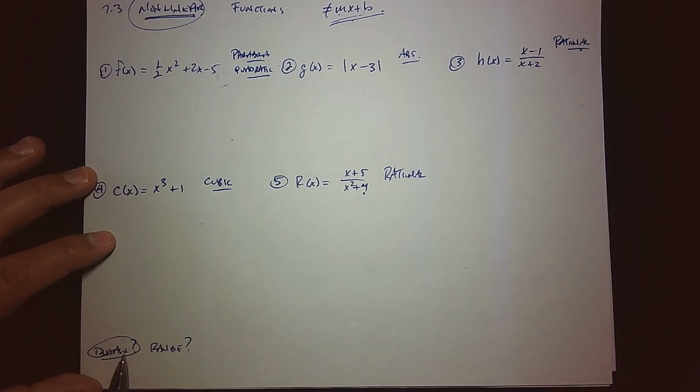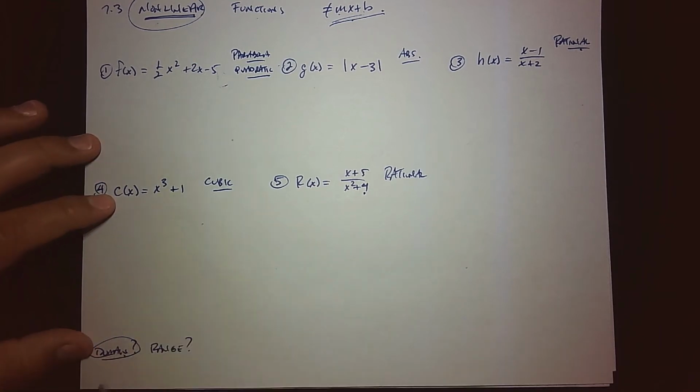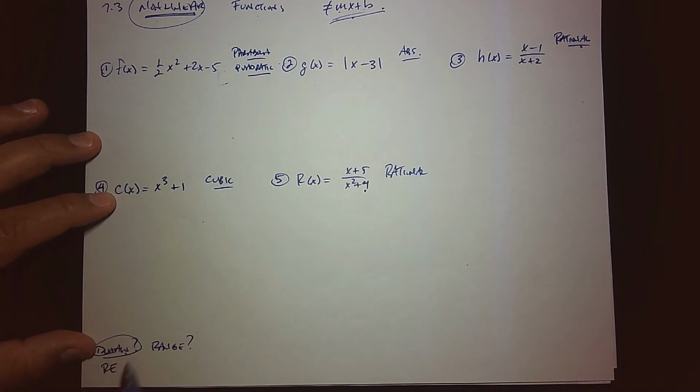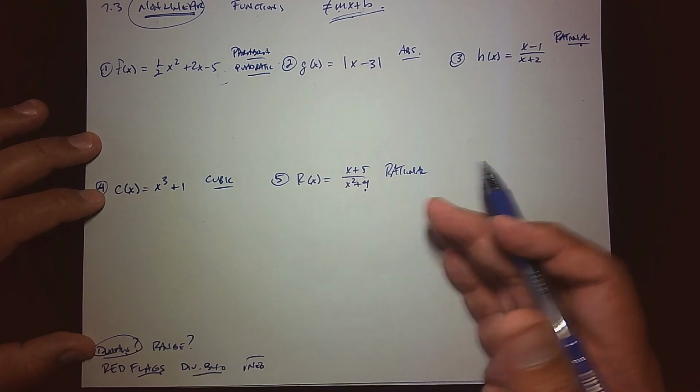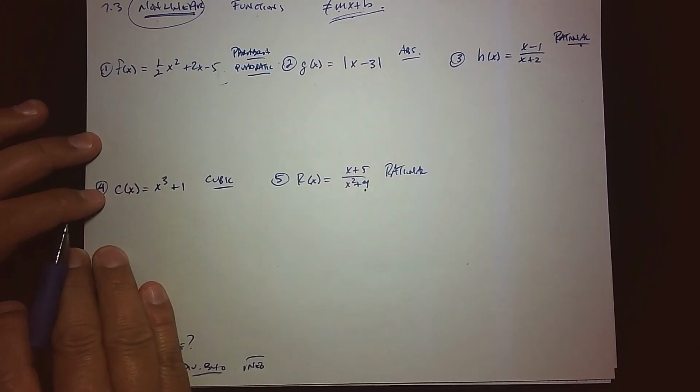To find the domain, we learned a couple sections ago that all I need to look for are what I playfully called red flags, right? Is there any division by 0? Let's rule those out. And are we taking the square root of a negative number? If we can establish where these two things happen, we pretty much know what's not in the domain, and by default we know what is in the domain.